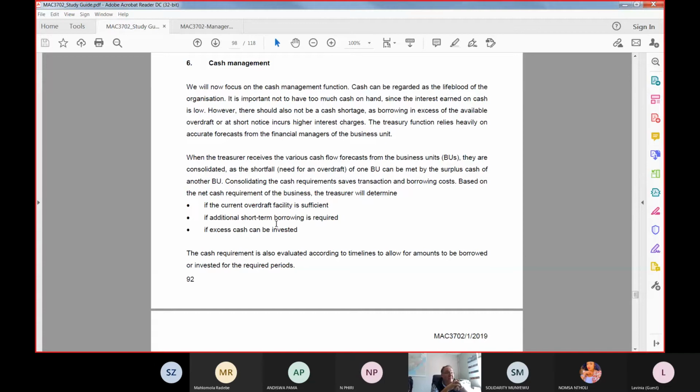The treasury function relies heavily on accurate forecasting of financing of a business. When the treasury receives various cash flow forecasts from the business units, they are consolidated as the shortfalls need to be covered by overdraft. So think about it. We have an entity like, let's say, the treasury of Coca-Cola in South Africa.